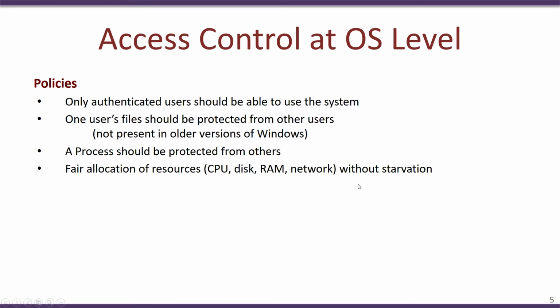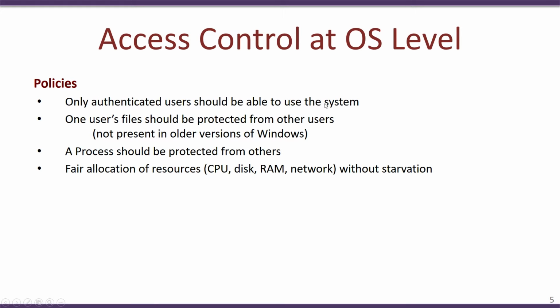Now at the OS level, there are several more types of policies. Some of these policies are implemented with the help of the hardware, while some are very specific to the operating system. Some of the access control policies supported by a typical operating system are as follows. One policy is to ensure that only authenticated users should be able to access the system.